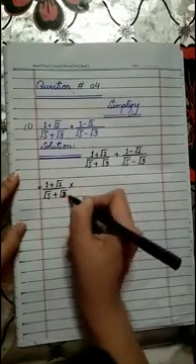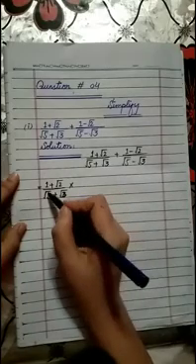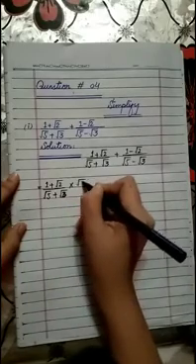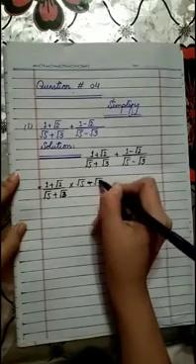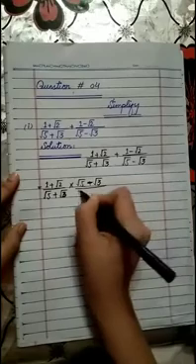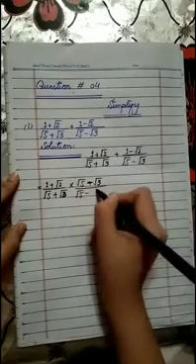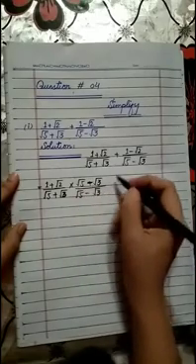We take the conjugate of the denominator and multiply it. Sorry, it's negative because the sign will be changed: negative over square root 5 minus square root 3.